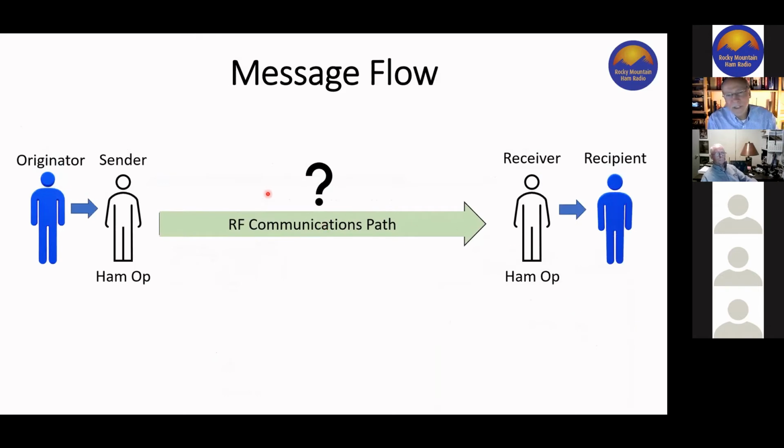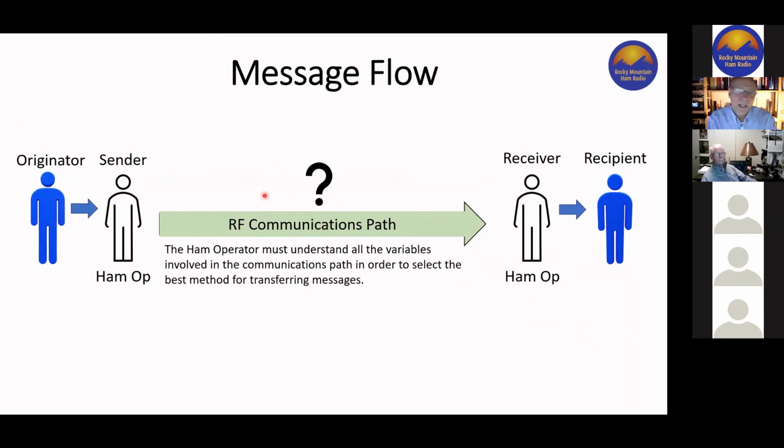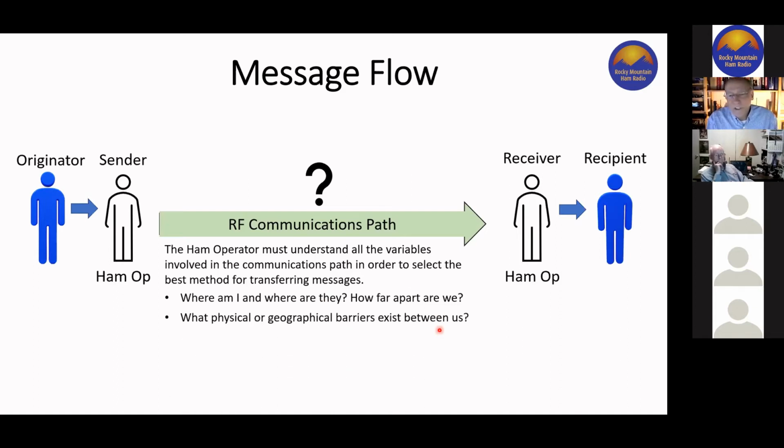All right, if we back up a bit and just go back and look at the broad picture again of the RF communications path, the ham radio operator in this particular situation has to understand all the variables involved in the communications path in order to select the best method for transferring that message. That bit isn't quite as easy as it always seems to be. It's not always an easy thing to figure out sometimes, but there are basic questions you've got to ask yourself. Where am I? Where are they? How far apart are we? What physical or geographical barriers exist between us?